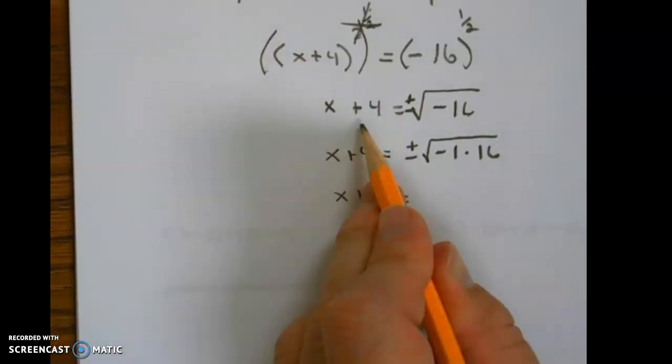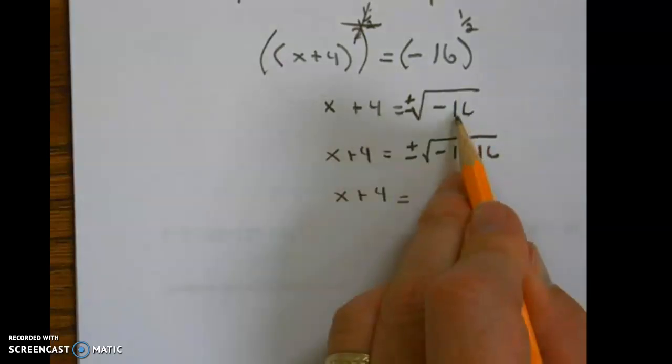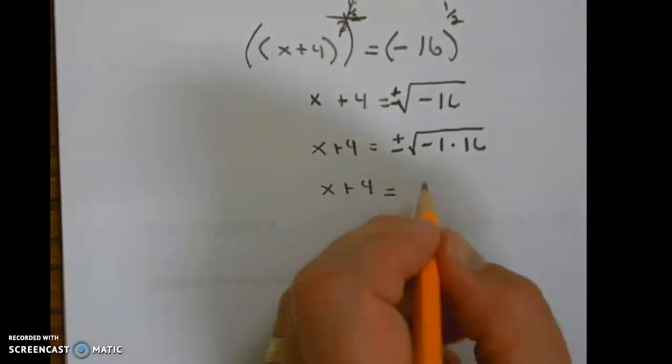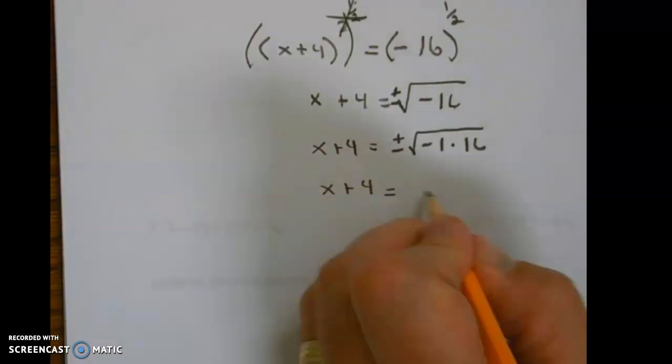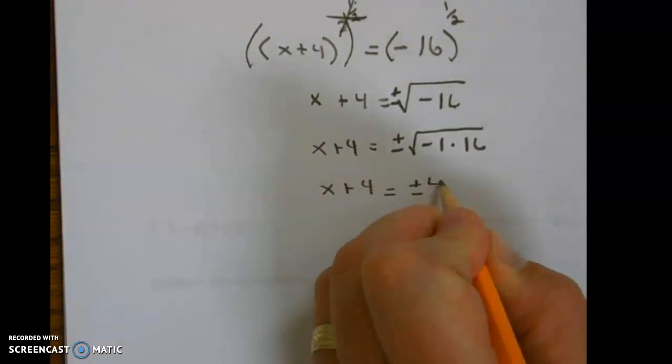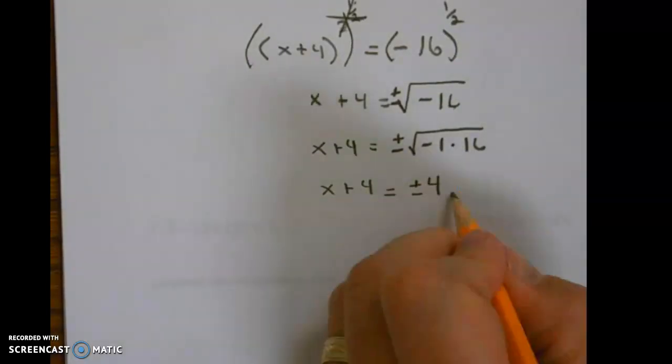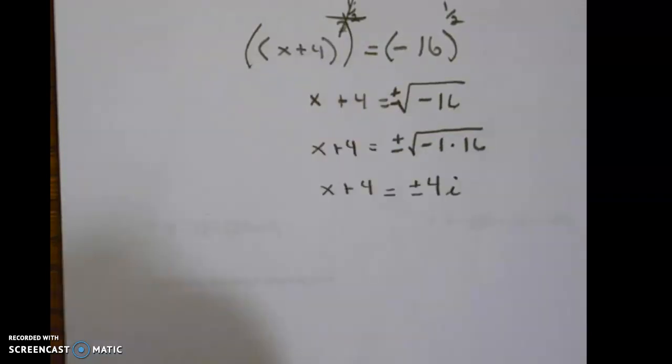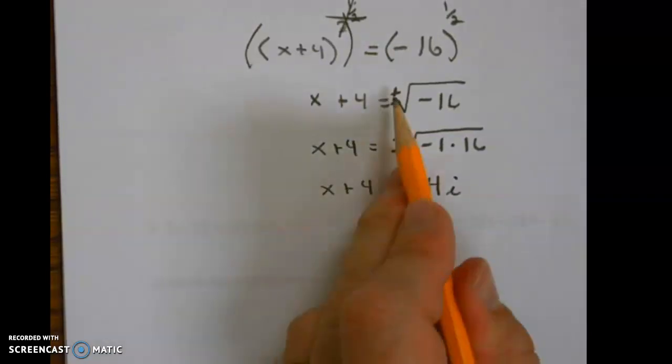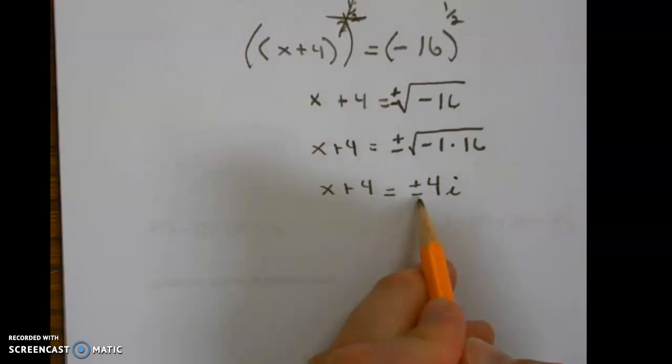You could finish solving first and then simplify it. It's fine. So we're going to have the square root of 16, which is 4, and the square root of negative 1, which is i. Notice the positive and negative come straight down.